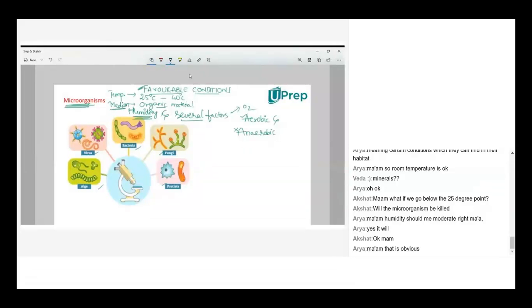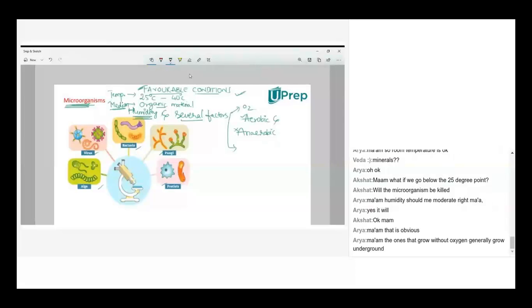Then, other than oxygen, several other factors I am discussing which are favorable. Only favorable conditions, and in general I am discussing. It includes virus, bacteria, fungi, algae, everything. Other than oxygen, what other factor will help the microorganism to grow is turbidity.